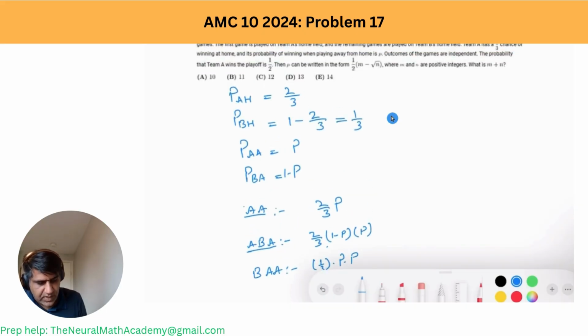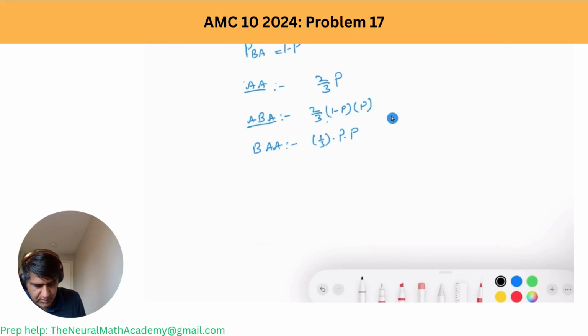So now we are also given the total probability, right? Team A wins playoff is 1 over 2, right? So then we can write that 2 over 3 P plus 2 over 3 into P minus P square plus 1 over 3 P square is equal to 1 over 2.